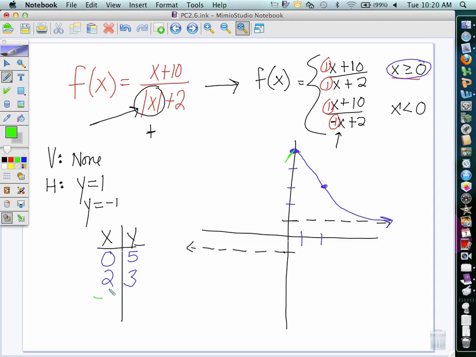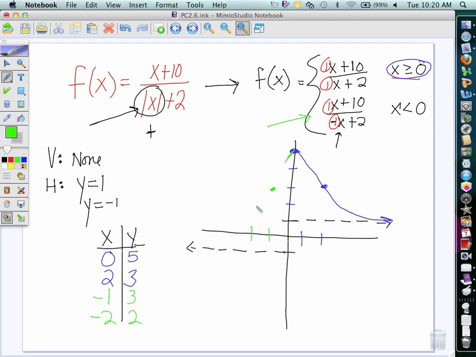All right, let's look at the other side. I'm going to put negative values in. I do know that it is going to come from this point. I just don't know what happens when it's at negative 1. If I put negative 1 in, I have 9 over 3, which is 3.